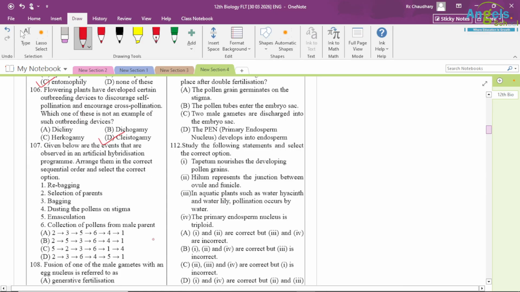Okay, so first we have to select the parent, number 2 is first. Then we have to collect pollen grains from the male parent. Then we can do bagging. Then dusting of pollen grains.